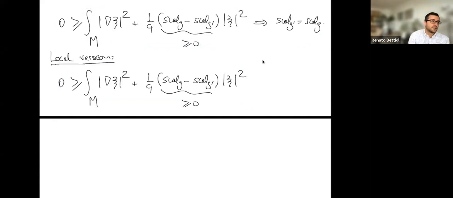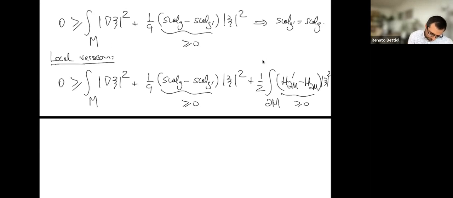So what happens there is that you get this plus 1/2 integral on the boundary of the difference of the mean curvatures. Okay, so when you do the local version, you end up getting rigidity because you have this extra term.